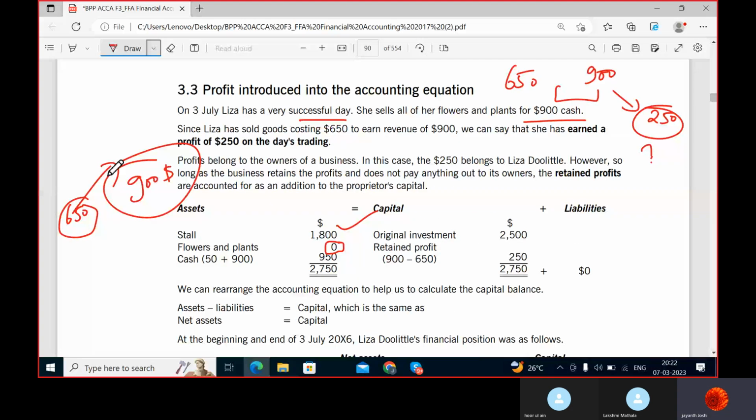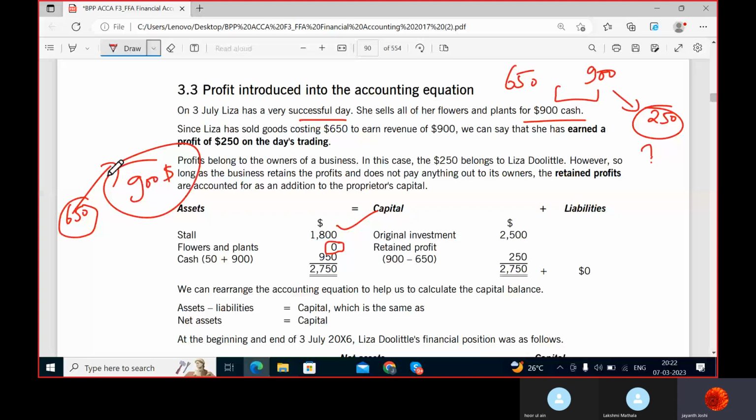But now you will be asking me a question, sir. 650 worth of flowers and plants we had, 900 we are getting. Yes, we are getting 250 extra cash. We are getting 650 of cash by selling the flowers and plants, and an extra 250 also, because we will be selling these flowers and plants at the selling price, and the selling price here is 900.